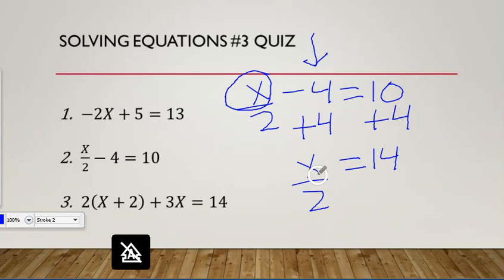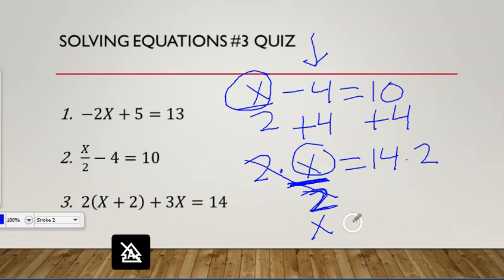Then from there, to get rid of the divided by 2 so that we're left with just an x, we have to multiply by 2. So if we multiply the left side by 2, we have to multiply the right side by 2. This is going to cancel to a 1x, and then 14 times 2 is 28.